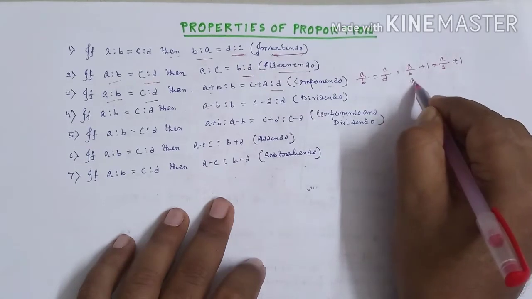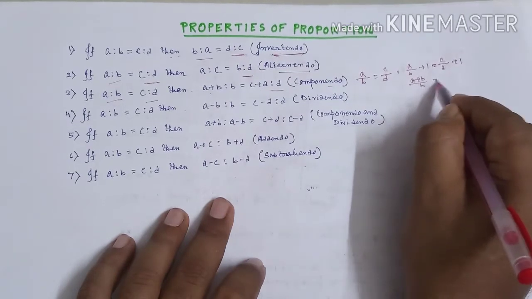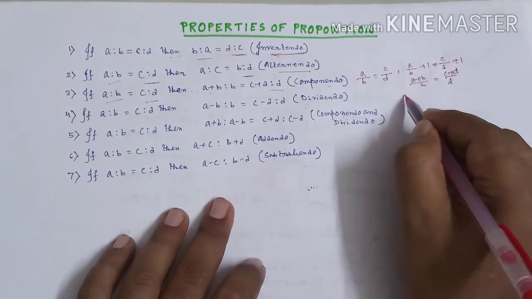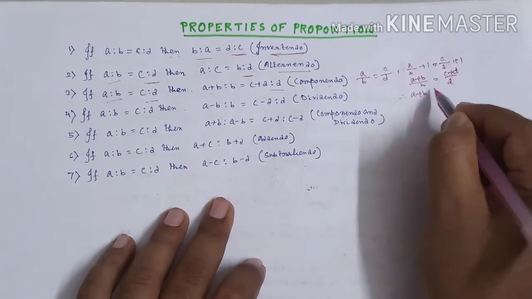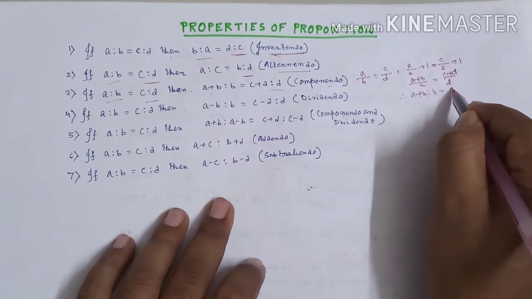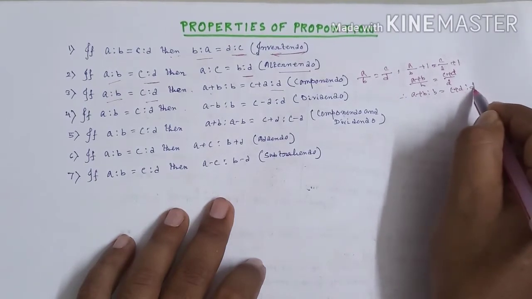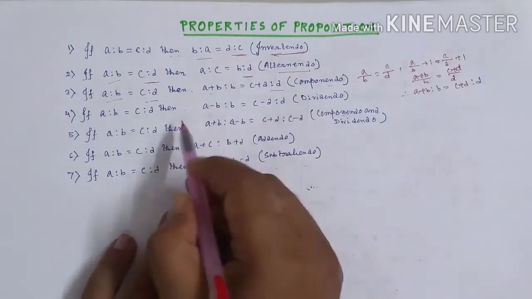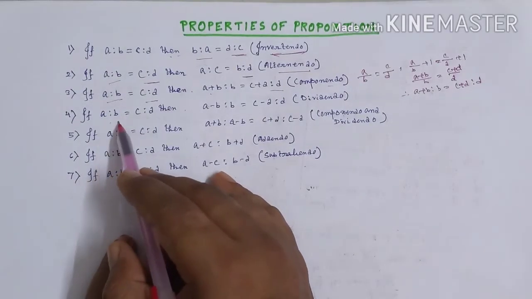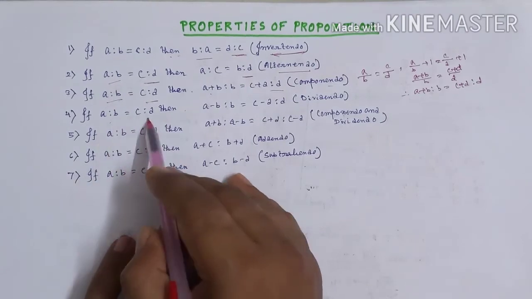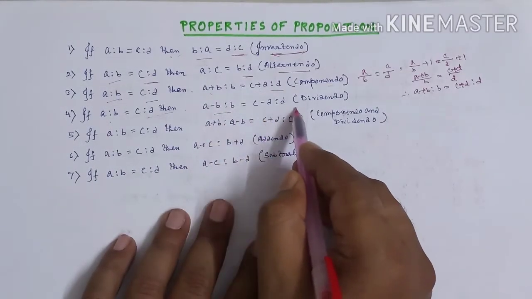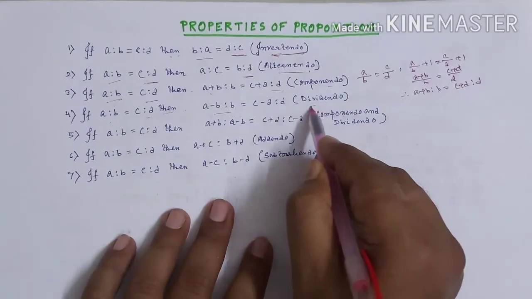That means A plus B by B equal to C plus D by D. That means A plus B is to B equal to C plus D is to D. And the fourth property: if A is to B equal to C is to D, then A minus B is to B equal to C minus D is to D. This method is called dividendo.